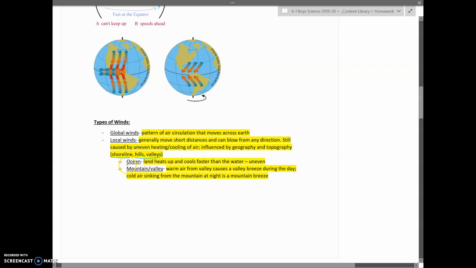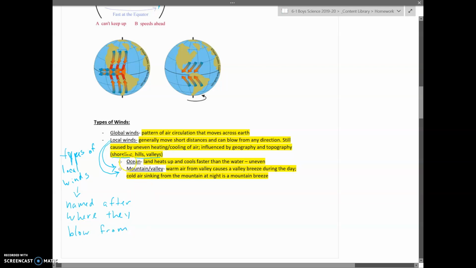So you'll notice down here there's two specific types of local winds, and they're named after where they blow from.